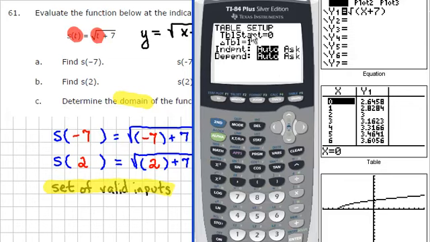So change table start to negative 10 and then increment by 1. Once the table is set up, view the table by going to second graph, which is table.